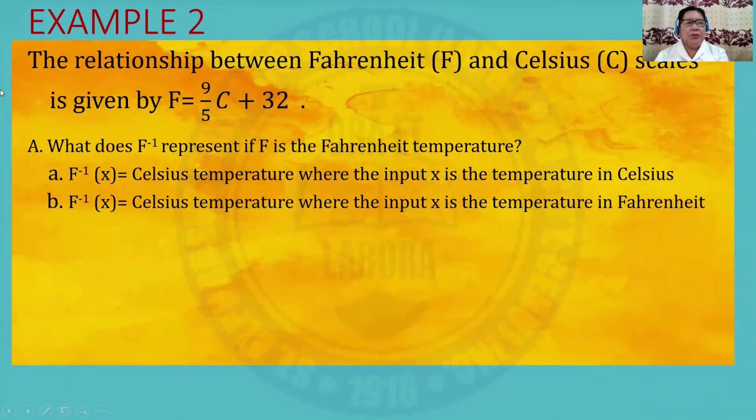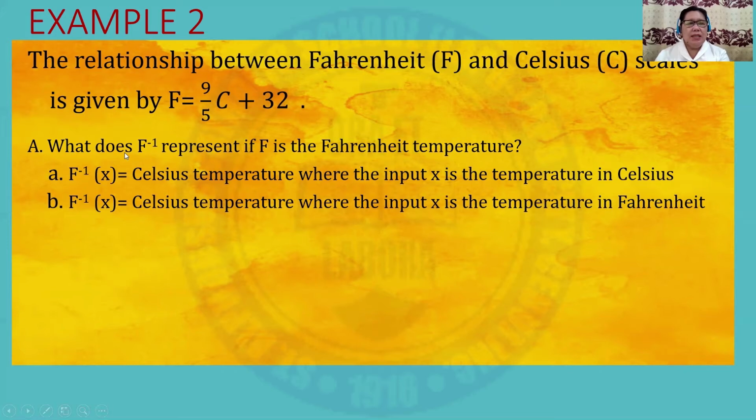Example number 2. The relationship between Fahrenheit, represented by F, and Celsius, represented by C, is given by this formula. F for Fahrenheit is equal to 9/5 times C, which is the Celsius, plus 32.